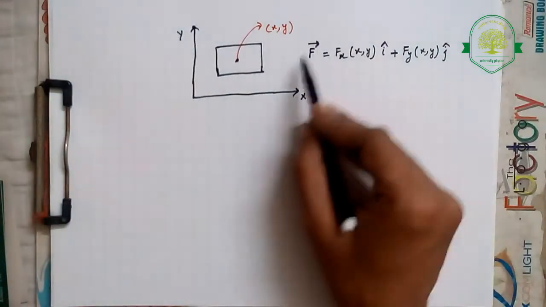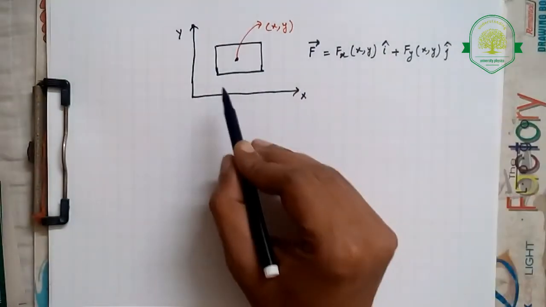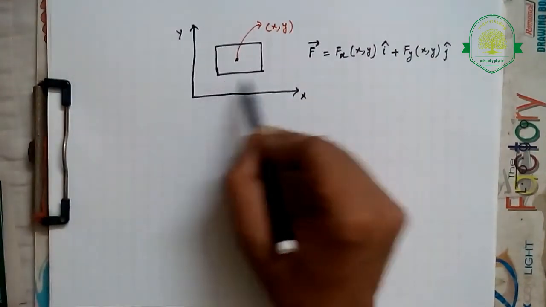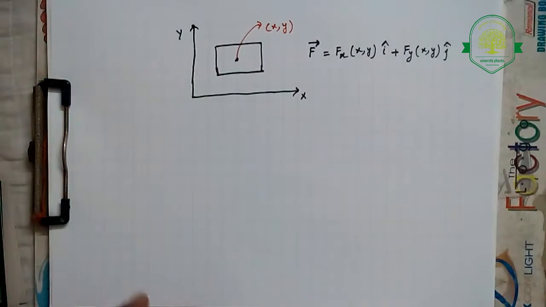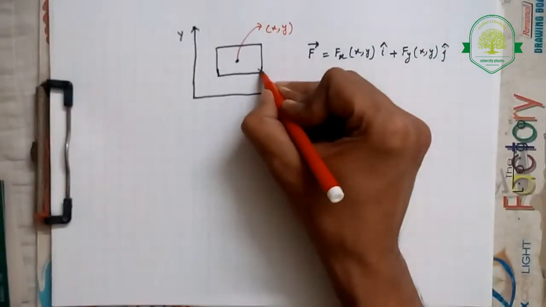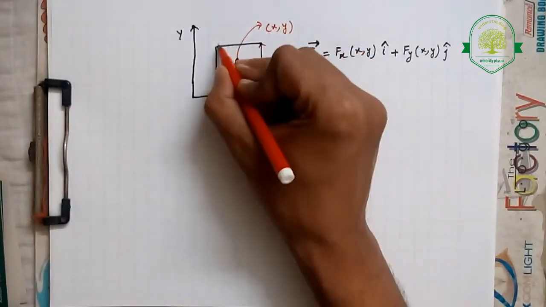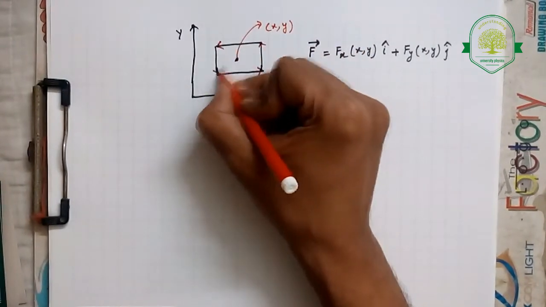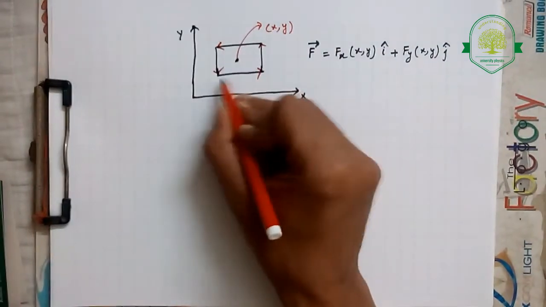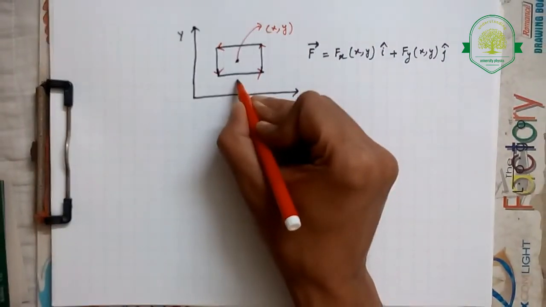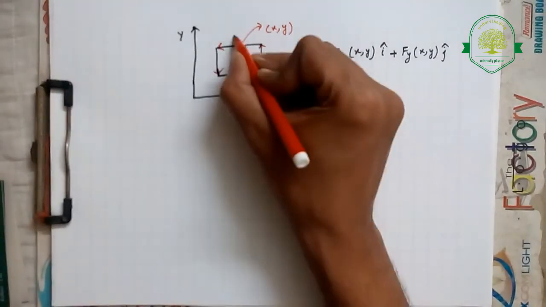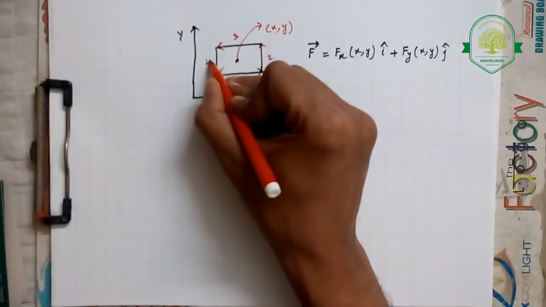So therefore we have this vector field, and we have to find the circulation of that vector field around this loop, and we go around the loop in a specific way. In this example, say we go around the loop in this particular way, and let's call this line 1, let's call this 2, let's call this 3 and 4.